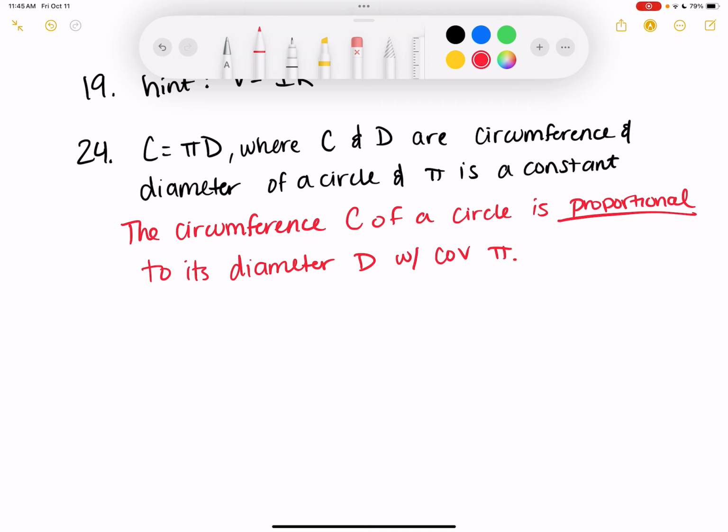And that's how you would have to write these statements out. You don't just get to write proportional; you have to actually write the statement. But with these also, okay, so 23 through 26, you also will only be given one that you've had in class, either that we've done or that you have for homework. So I'm going to do the even ones, you'll have the odd ones.